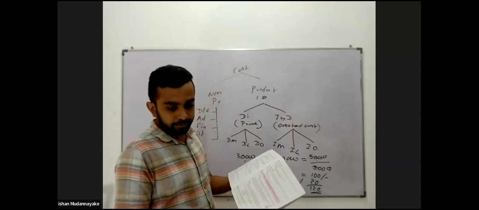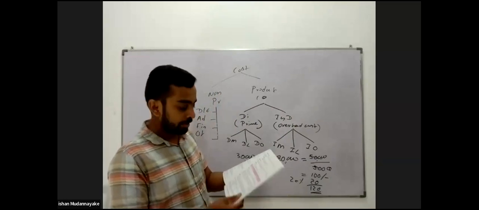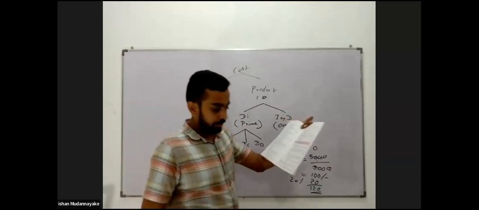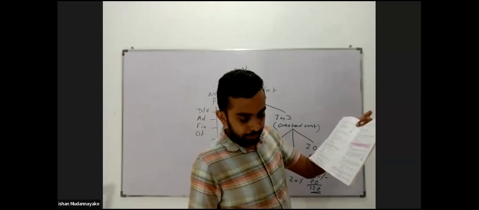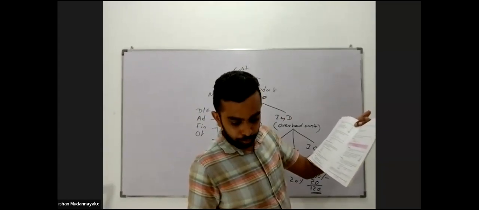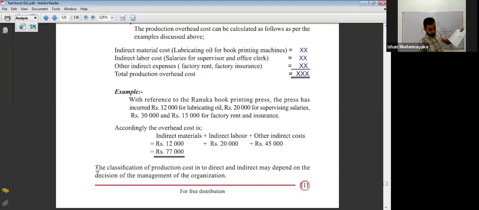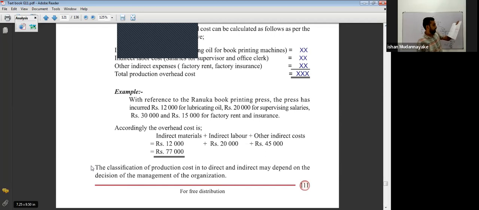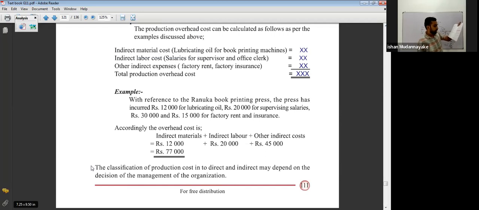In page number 111, under the last paragraph, what we need to know is that the classification of production costs into direct and indirect may depend on the decision of the management of the organization. Students, whether it is direct cost or indirect cost, depends on the decision of the management.